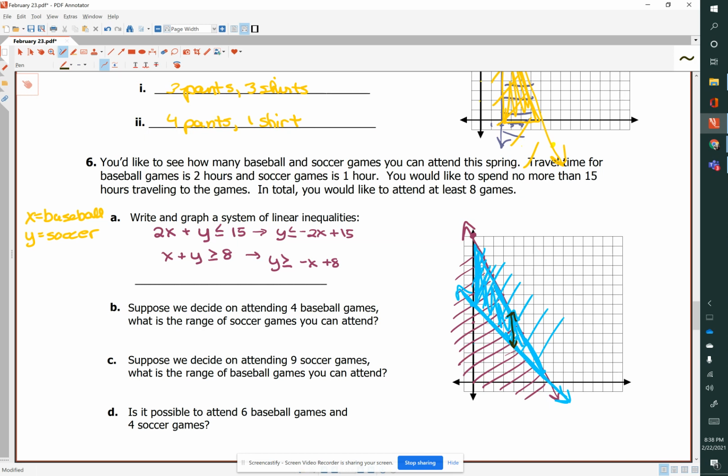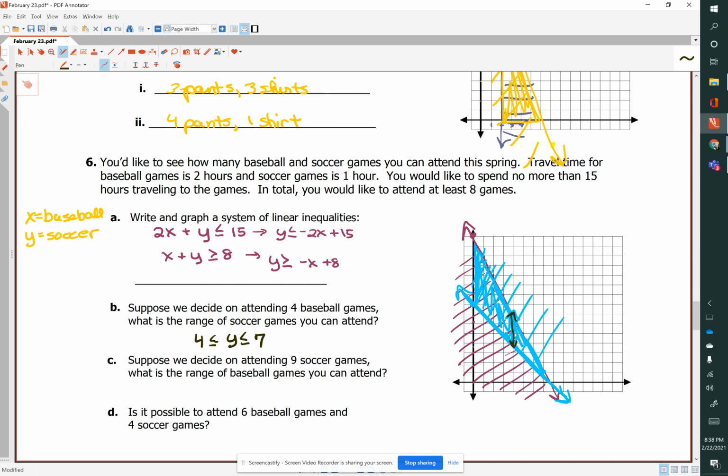So what we would say is 4 is less than or equal to y, and y is less than or equal to 7. Now, suppose we decide on attending 9 soccer games. What's the range of baseball games we can attend? Now we're just doing the opposite, but with soccer. So let's find the soccer games. 9 soccer games.